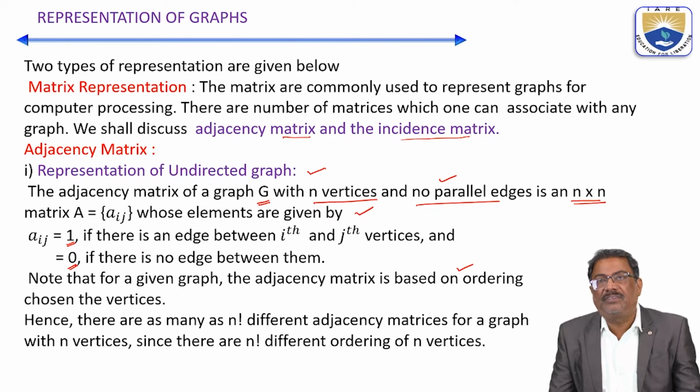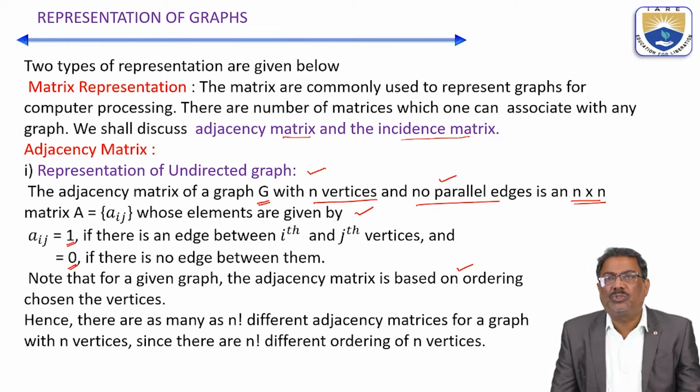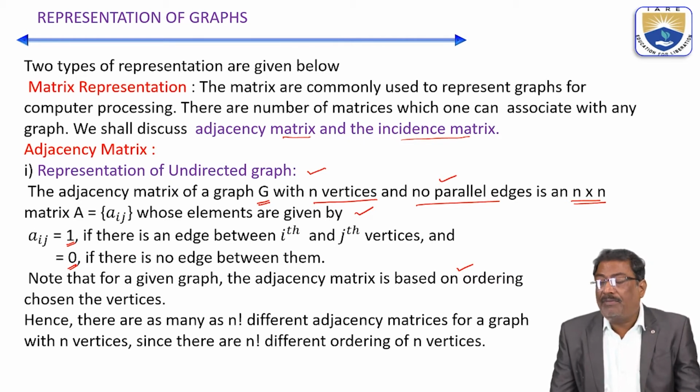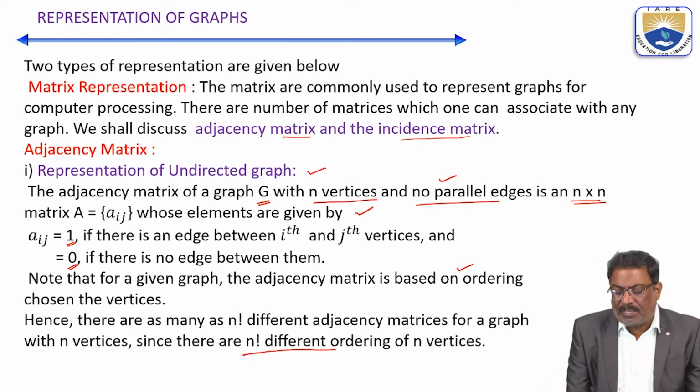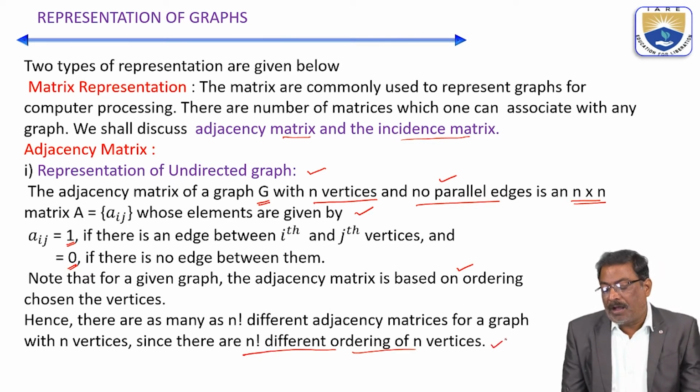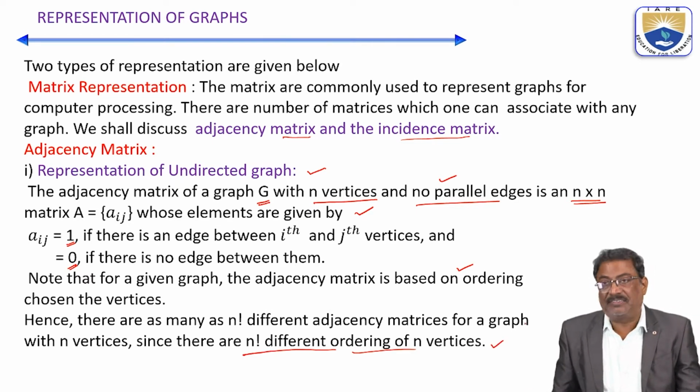There are n vertices, and we can order them in n factorial different ways. So there are as many as n factorial different adjacency matrices for a graph having n vertices.